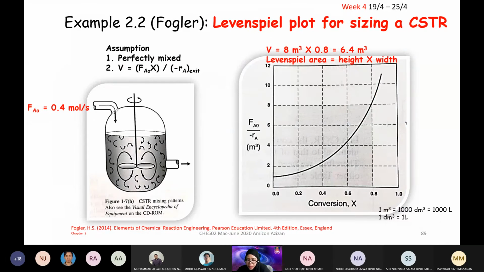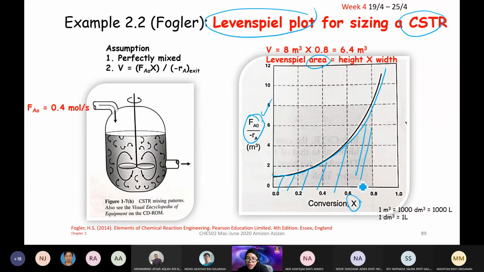All right. When you plot FA0 over minus rA with varying X, you get this ascending trend. According to the Levenspiel plot, the volume for a CSTR is simply the area under the curve from X equals 0 to a specific X achieving 80%.